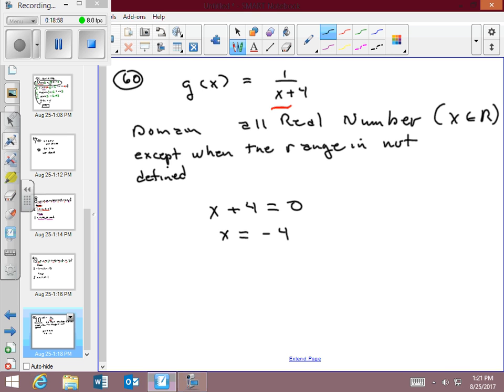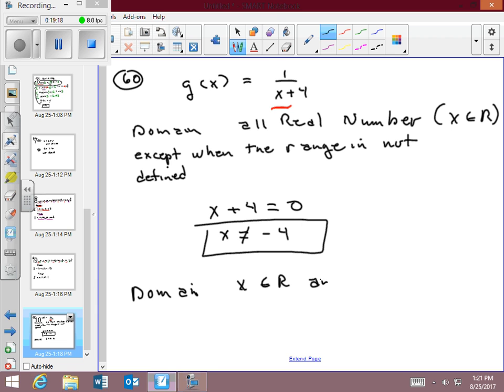So from your domain, you have to say minus 4 is not in it. Cannot be minus 4. So the domain then is x is an element of reals, and x cannot equal minus 4.